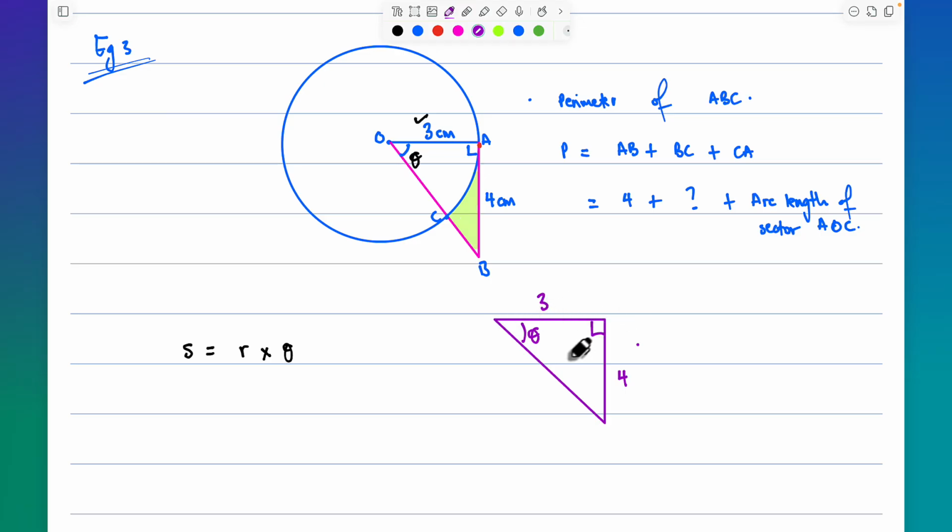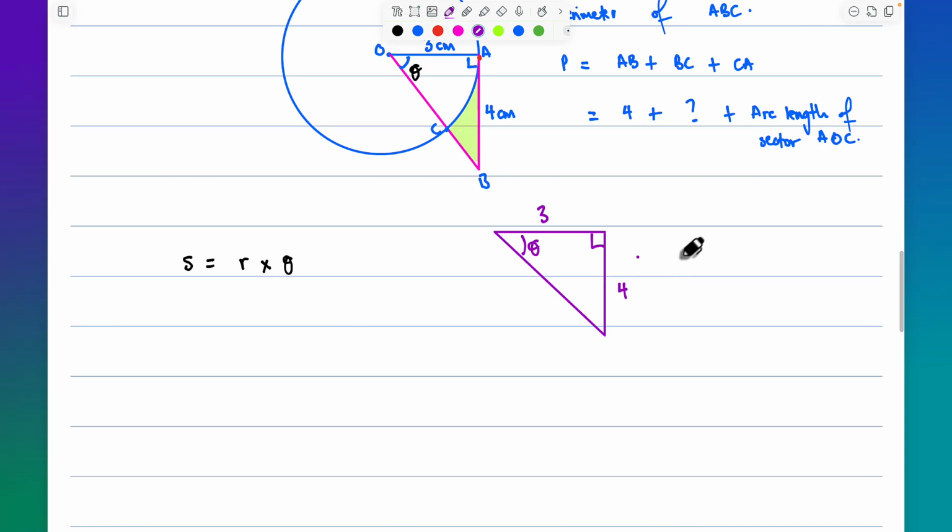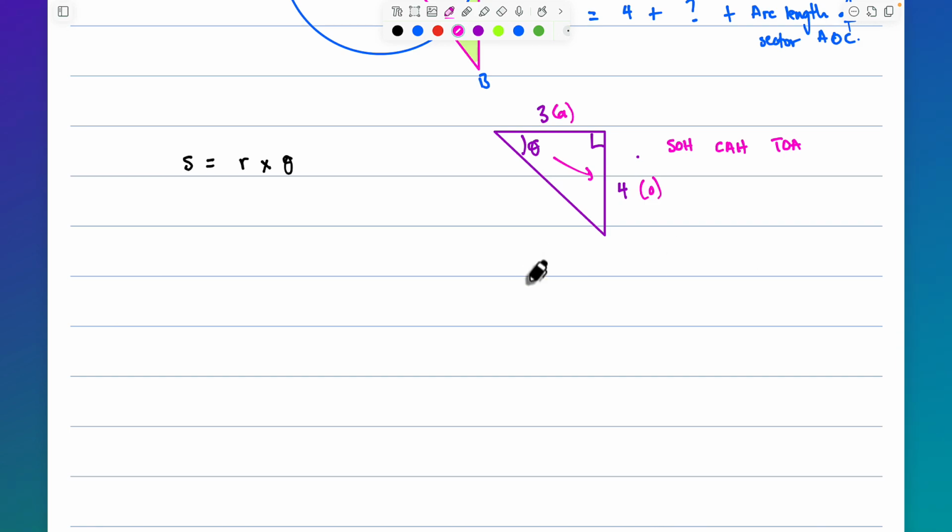Remember the abbreviation is SOHCAHTOA. This is our trig. If this is our angle, we have our adjacent, this is our A, and we have the opposite, which is our O. O and A means we need to use tan.